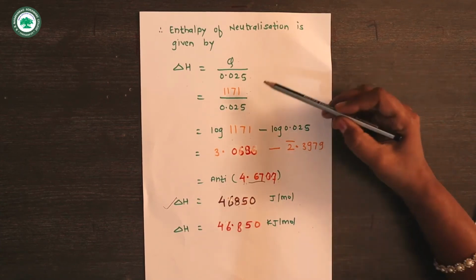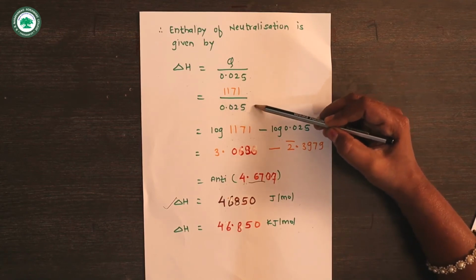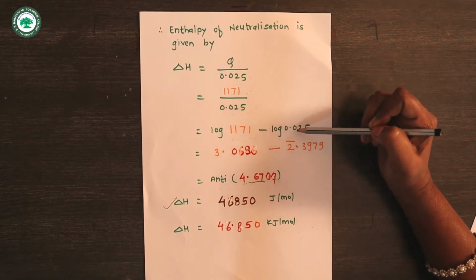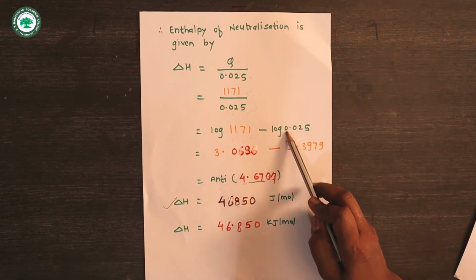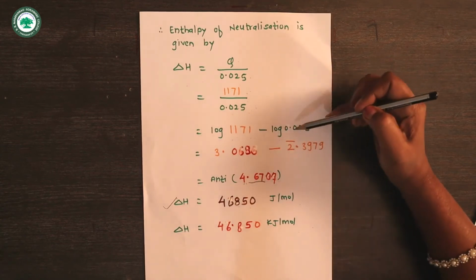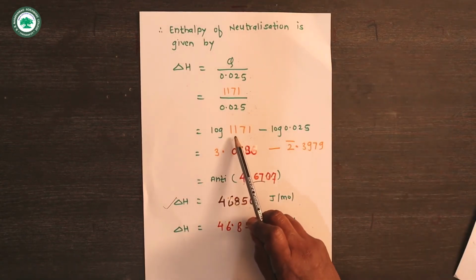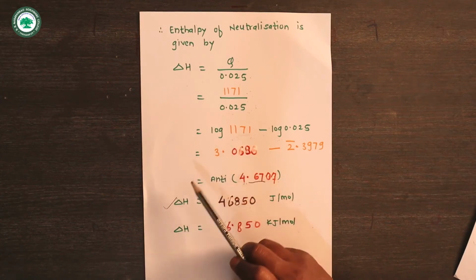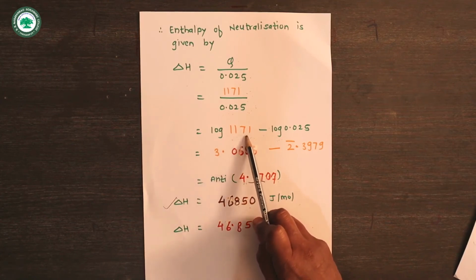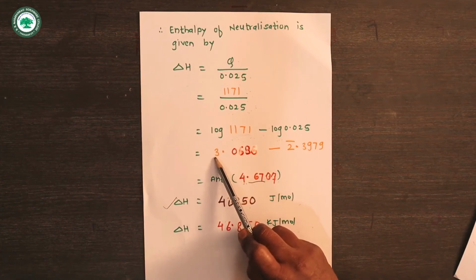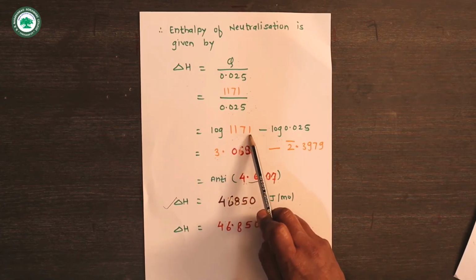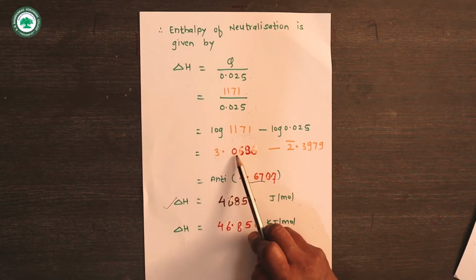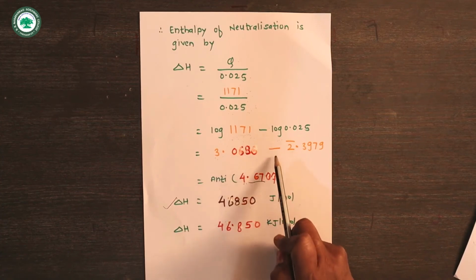Now by the logarithmic rule, log of A upon B is equal to log A minus log B. And so we have to find log 1171 minus log of 0.025. This number 1171 is a 4-digit number, and so 4 minus 1 gives the characteristic, which is found to be 3. Then we see the antilog of 11 followed by 7 and the difference in 1, and that gives us 0.0686. The minus sign stays as it is.